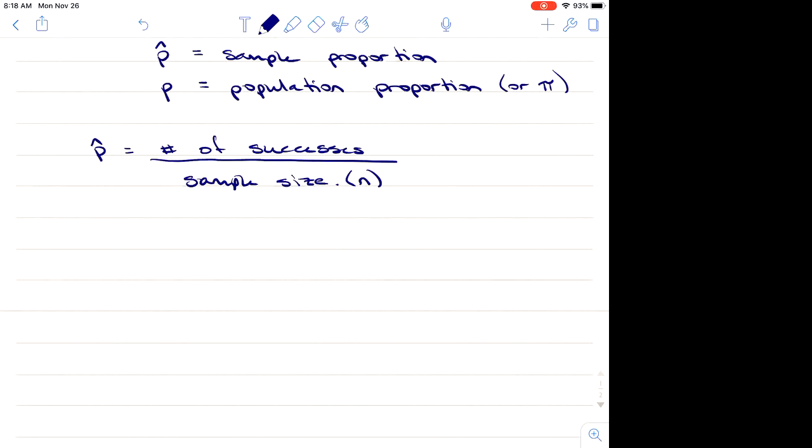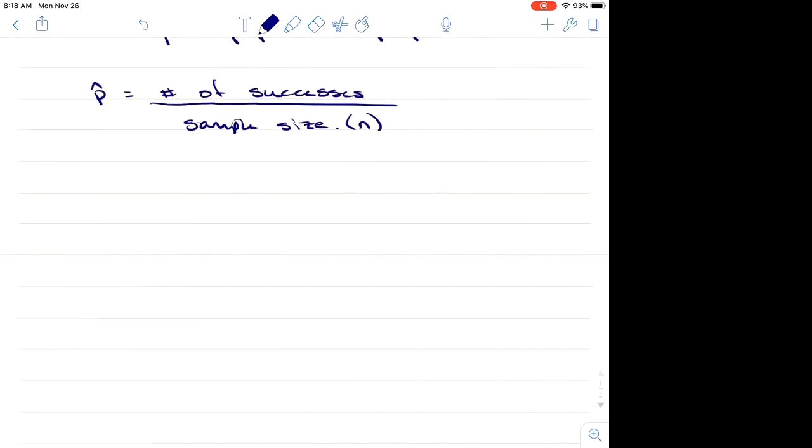So proportions follow a normal distribution, but because this is kind of weird, we're going to have to check some assumptions, right? So there are some assumptions that have to be met. And so for proportions questions, if you're looking at assignment 6, I ask you to check that the assumptions for inference are satisfied. So proportions follow a normal distribution.